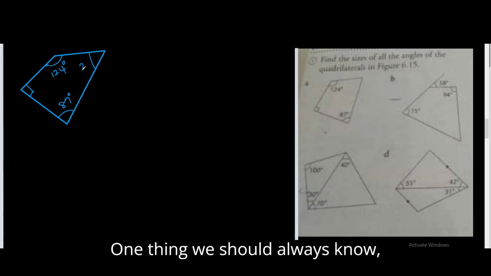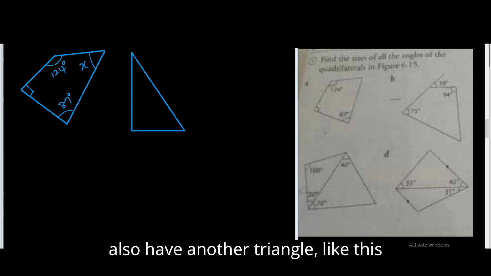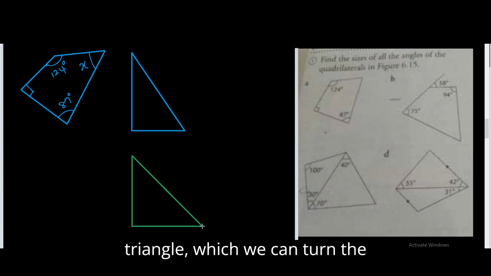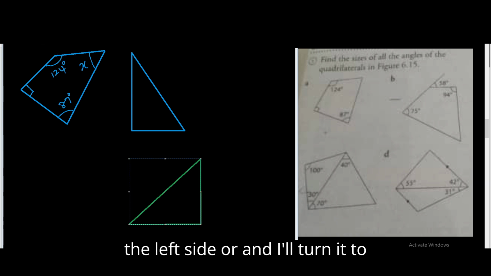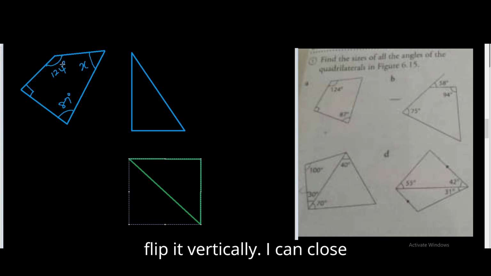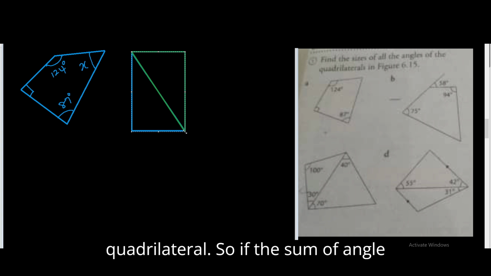Now we are finding the unknown angle. How do we find that? Let's say this is x. One thing we should always know: if we have a triangle like this, and another triangle like this, which we can flip vertically, we can close it and make it a quadrilateral.